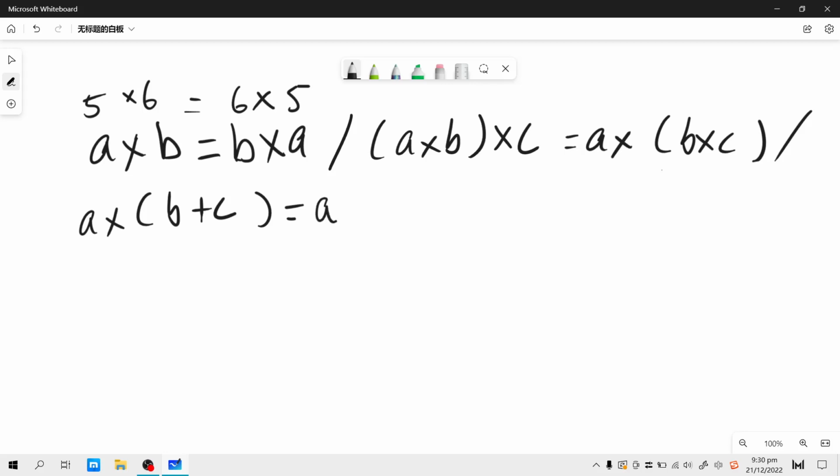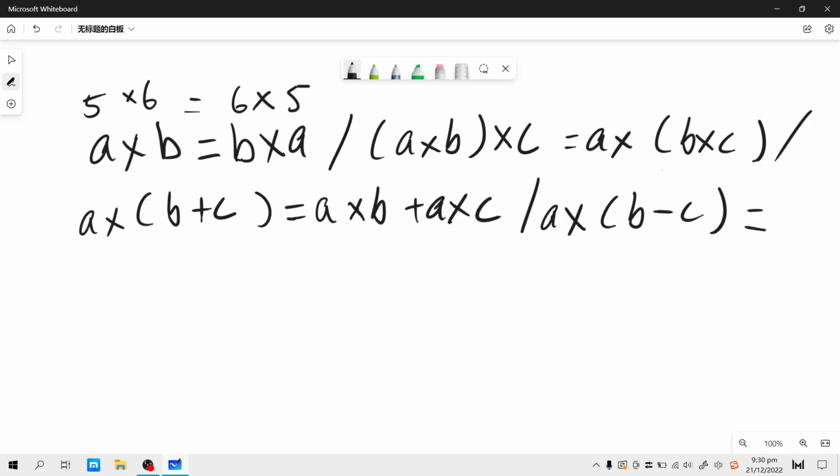It equals A times B plus A times C. This is the third equation. I will show you the fourth equation, which is the last one: A times B minus C equals A times B minus A times C.